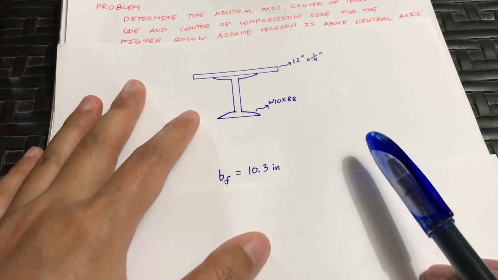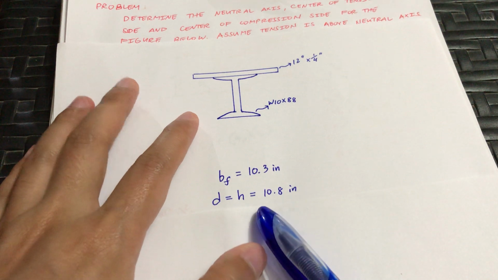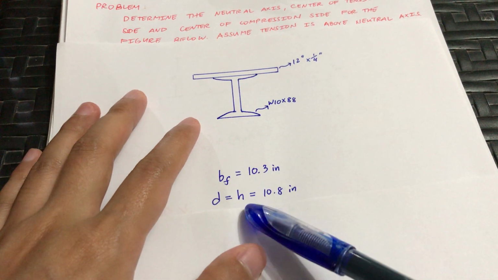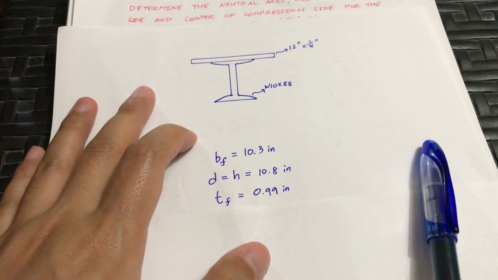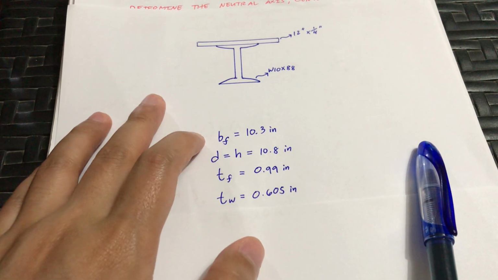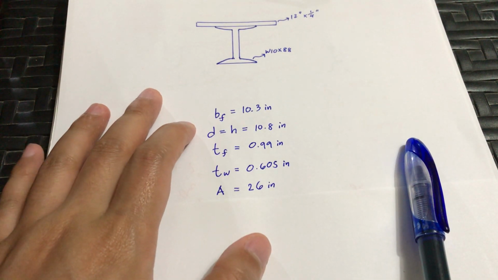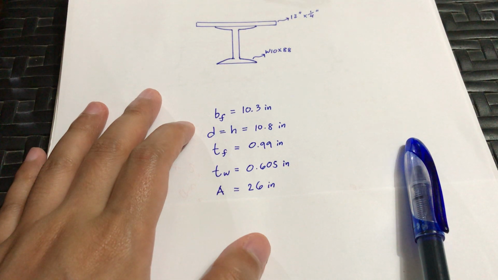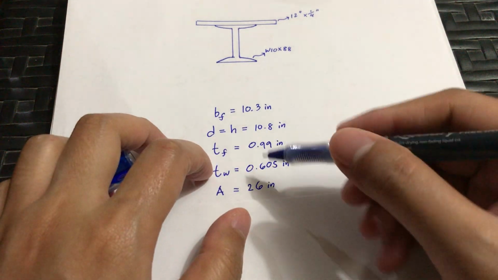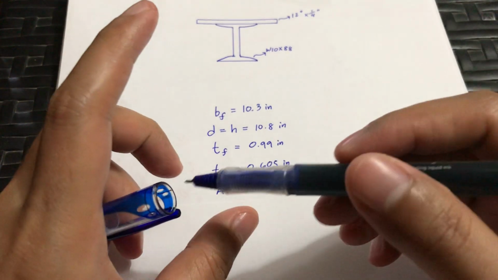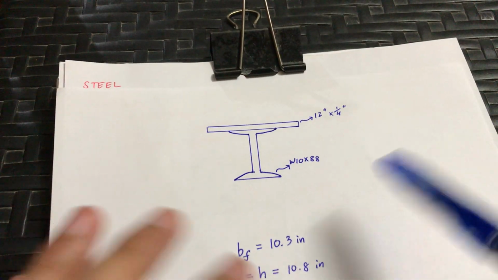We can see that the bf of the W10x88 is 10.3, the d, or the depth of the wide flange, or the h, is 10.8 inches, the thickness of the flange is 0.99 inches, the thickness of the web is 0.605 inches, and the gross cross-sectional area, or the total cross-sectional area, of the W10x88 is 26 inches squared. Okay.